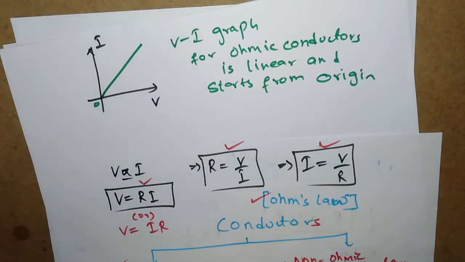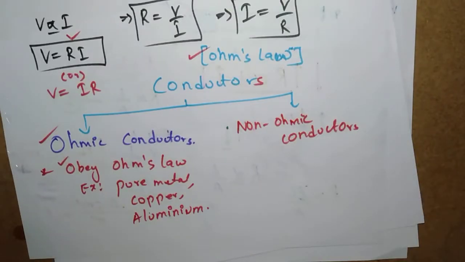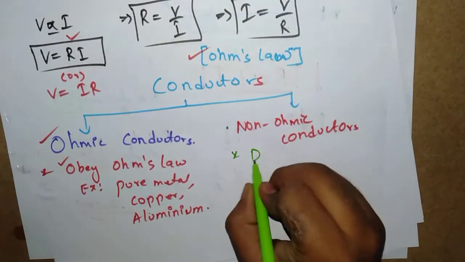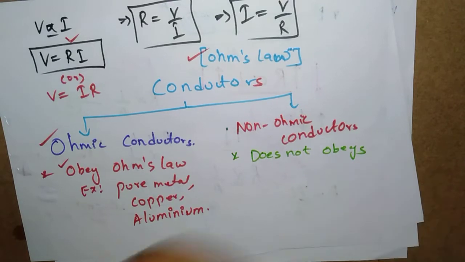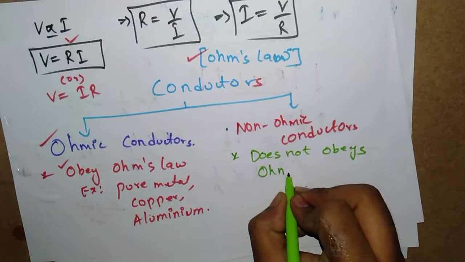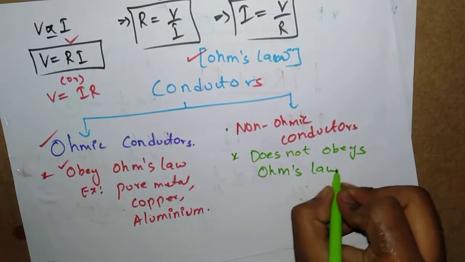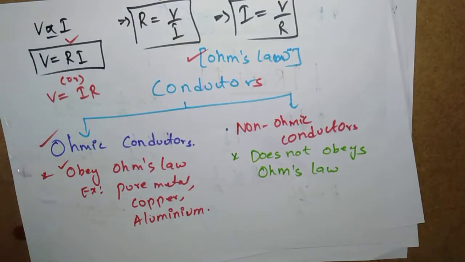Hope you understood. Then coming to the non-ohmic conductors: the conductors which do not obey Ohm's law are called non-ohmic conductors. ऐसे कंडक्टर्स जिनका टेम्परेचर कांस्टेंट रखने पर भी वोल्टेज का रेट अगर आप इंक्रीज करेंगे देन करंट का रेट वहां पर इंक्रीज नहीं होगा, वैसे कंडक्टर्स को हम कहेंगे नॉन ओहमिक कंडक्टर्स.